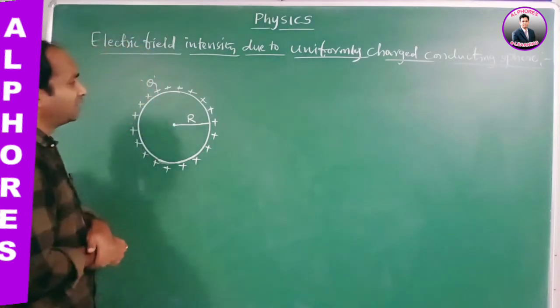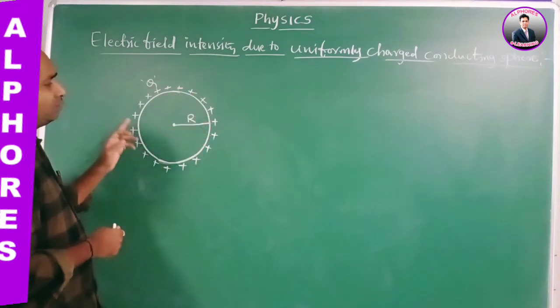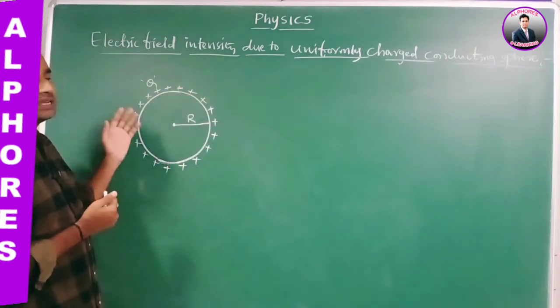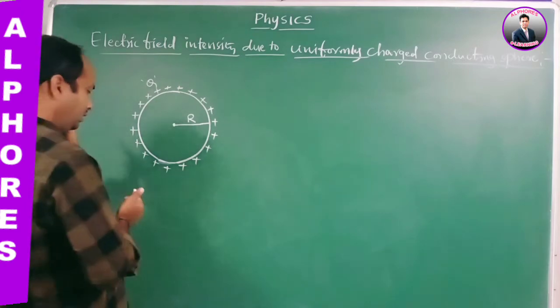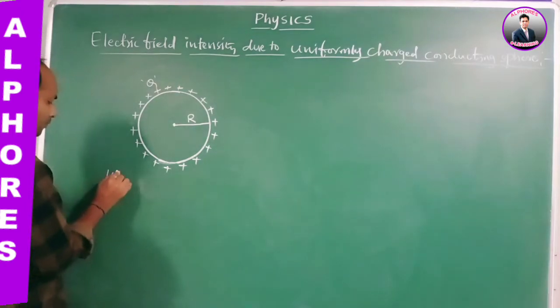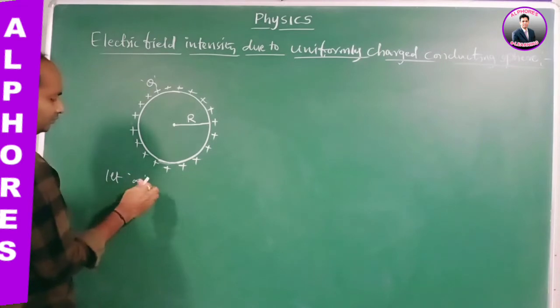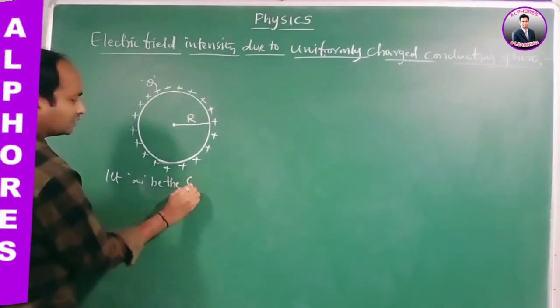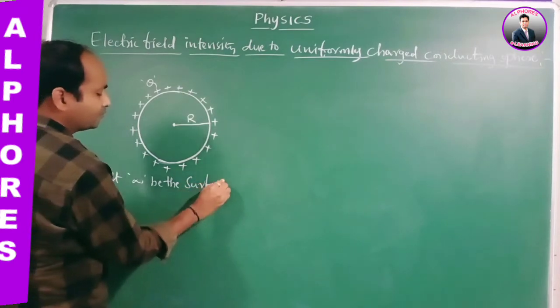Let us take here also sigma as the surface charge density, because the charge resides only on the surface of the sphere. Here you should write that sigma is the surface charge density.